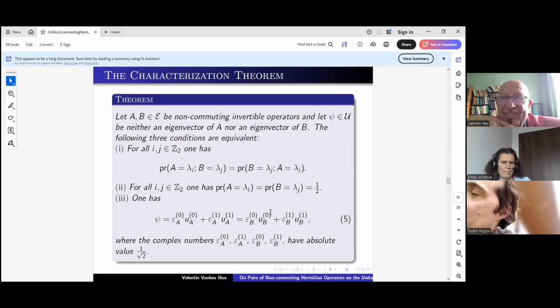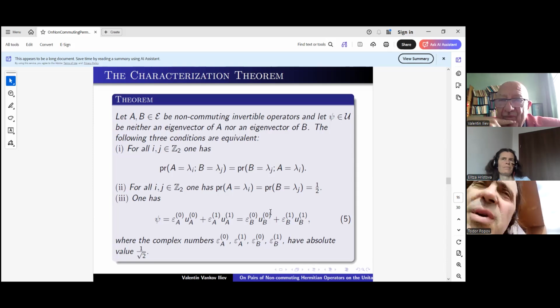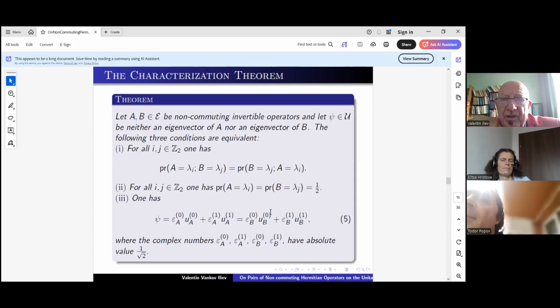This will be the next example, which can give the general statement, let's say if it's CPT or if it's something else. You mean for three operators?